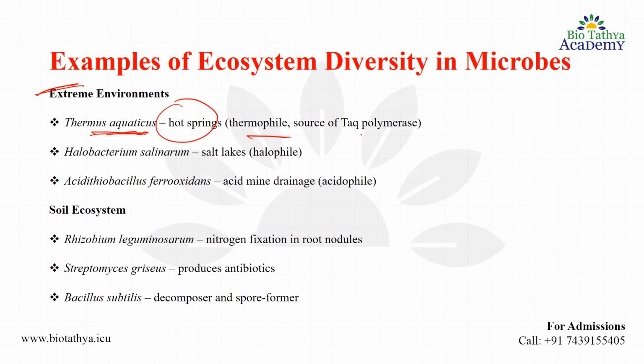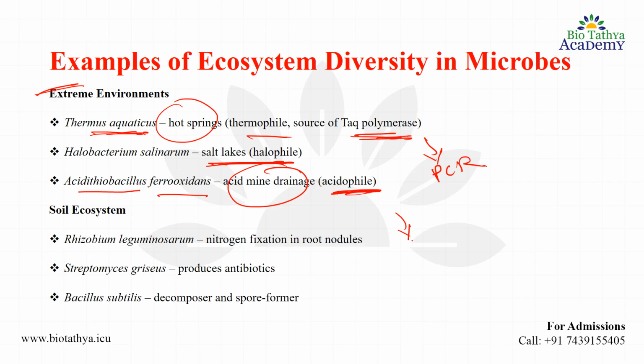Those are thermophiles, which are also a source of Taq polymerase, an enzyme used in PCR. Then Halobacterium salinarum is found in salt lakes. And Acidithiobacillus ferrooxidans is found in acid mine drainage, and these are acidophiles because they can tolerate acidic pH.